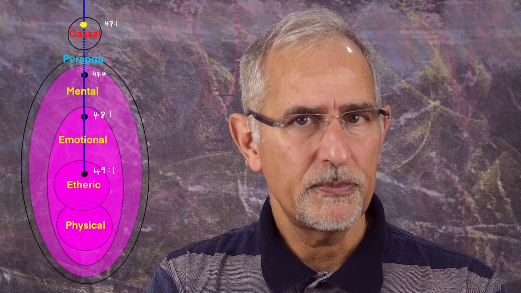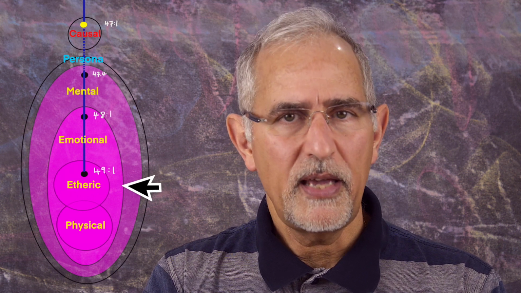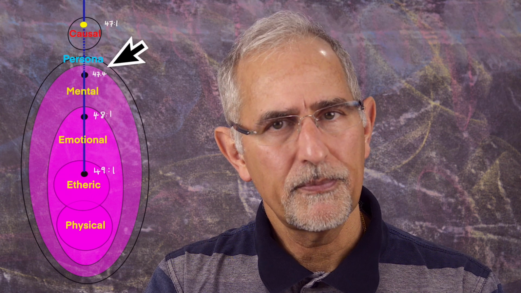Remember back to the snowflake analogy. If we have 4 envelopes of incarnation, I am excluding the physical body as this is not a principle, then we have 4 envelopes. These are the etheric, the emotional, the mental, and the persona. Each one of these can be attuned to a different ray.